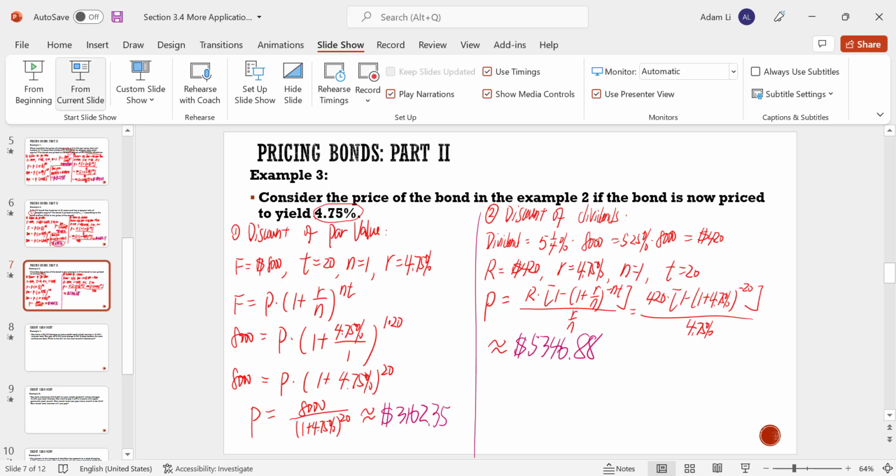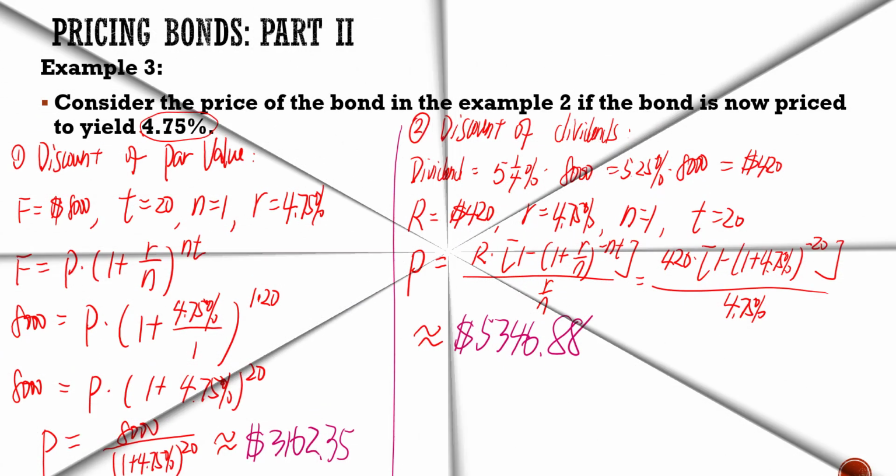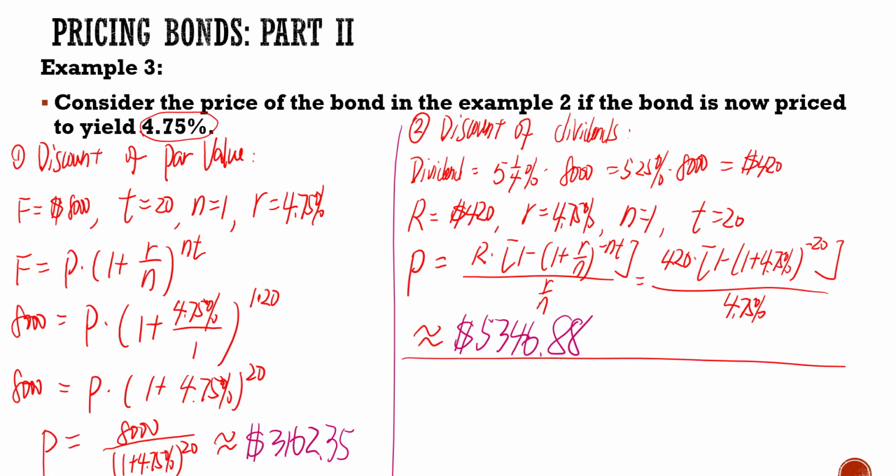And then when we combine both sources, the bond price, let's combine them. $3,162.35 plus $5,346.88.